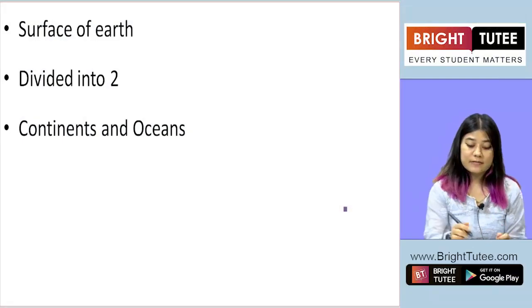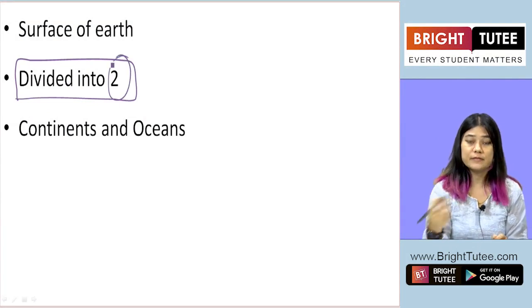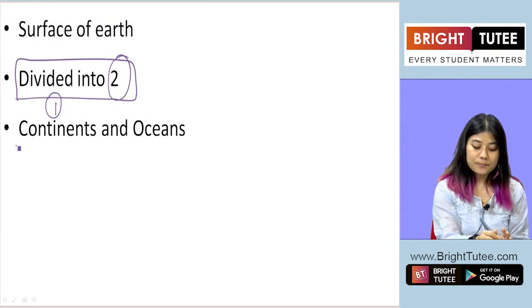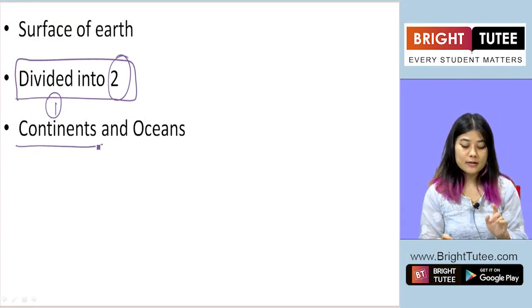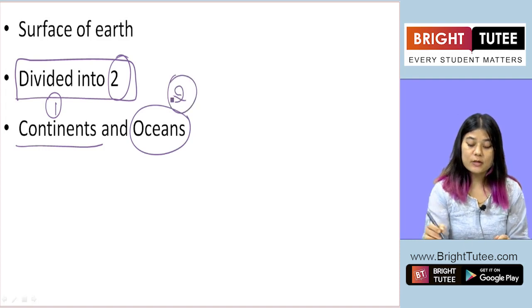Now, when we look at Earth, the planet Earth, that planet Earth is divided into two main divisions. Those divisions are, number one, continents, and number two, the oceans.